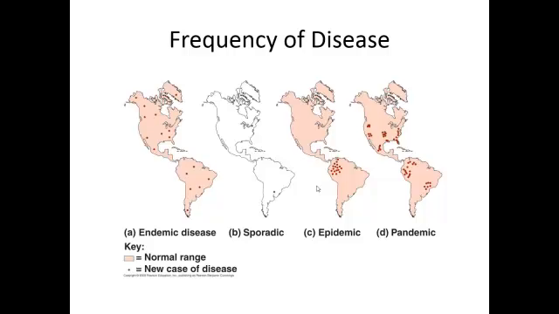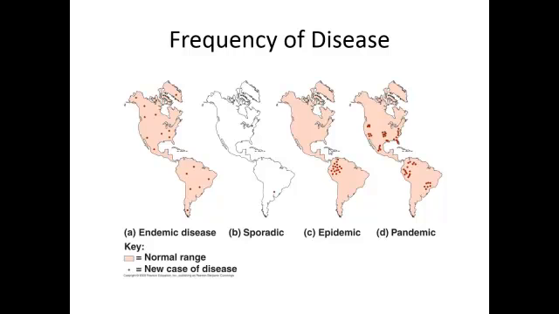It was a new type of influenza, and it was considered epidemic. Also, we consider diseases that are new to an area to be epidemic. So, for example, when West Nile virus came to North America, started making its way from the East Coast to the West Coast, it was considered an epidemic.